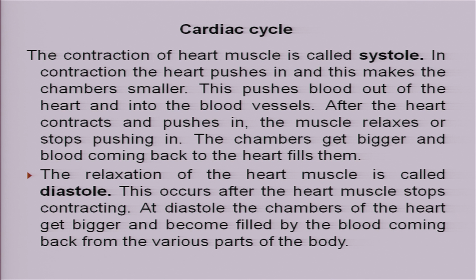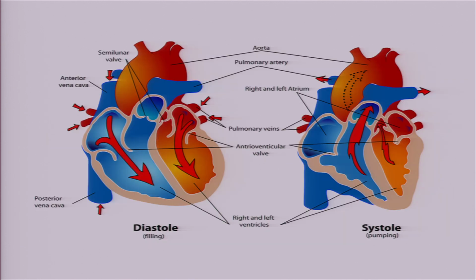After the contraction of the ventricles, the blood is pushed into the blood vessels, and once the blood is pushed out, the heart relaxes. In this diagram, on the right hand side, the systole is happening, wherein all four chambers are in a contracted position and the heart squeezes the blood into the blood vessel.